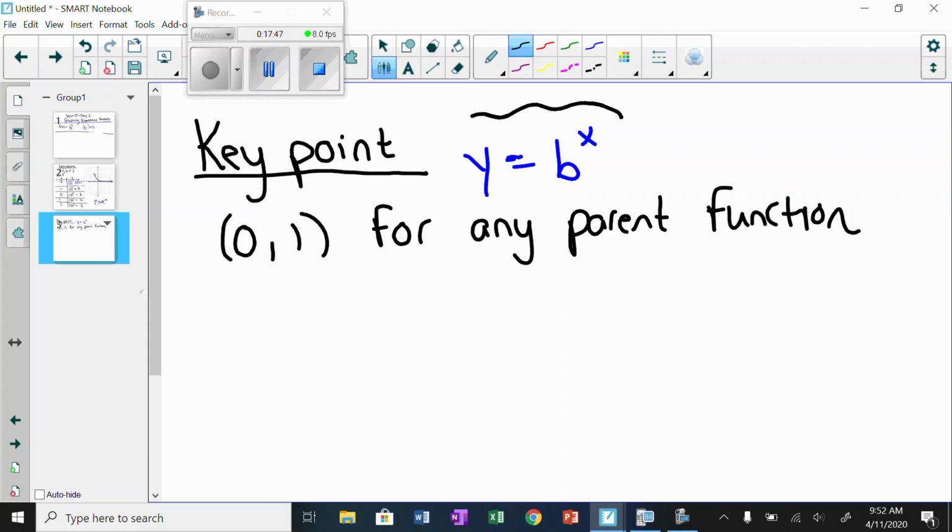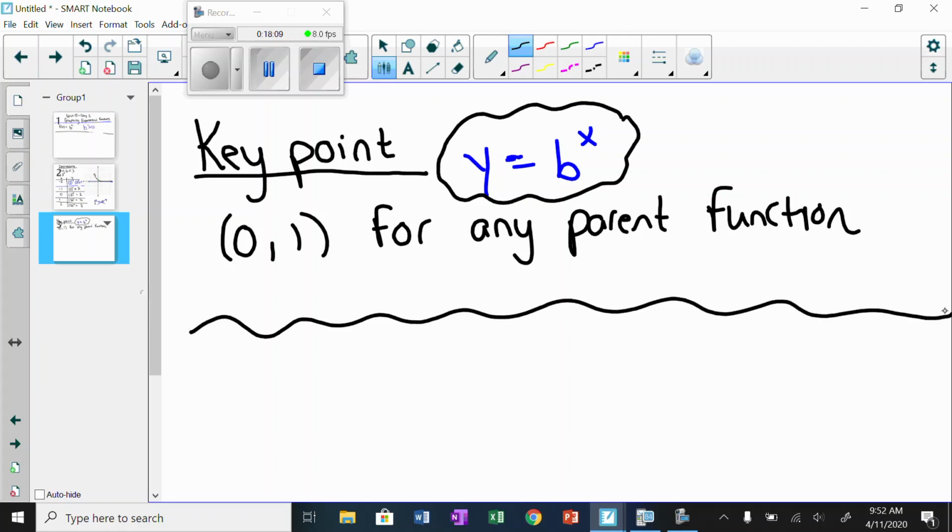And when I say parent function, I'm talking about this format. And then I said there's always going to be a horizontal asymptote 1 unit below the key point, except when the base is multiplied by a number.